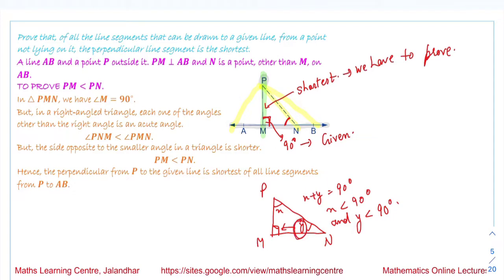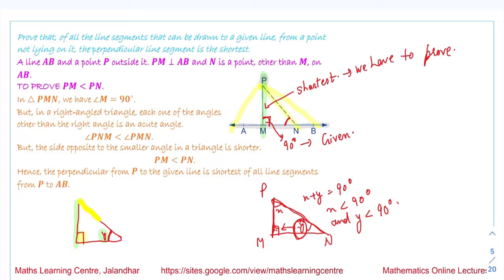If Y is less than this angle, then what this means is that this side PM is less than the side PN. If we are talking about two lines over here, this angle is 90 degrees and this angle is some angle Y, and the smaller of these two angles is this angle. It means this side will be the smaller side. Why?